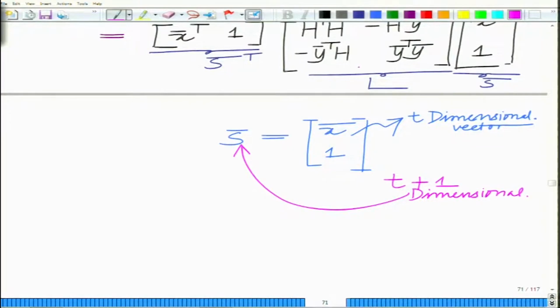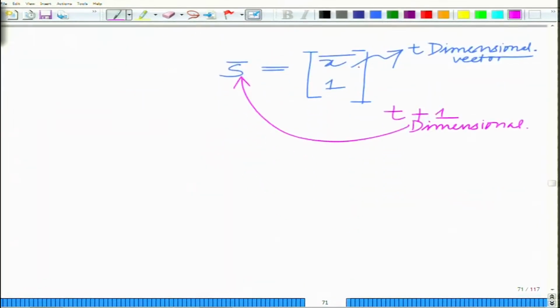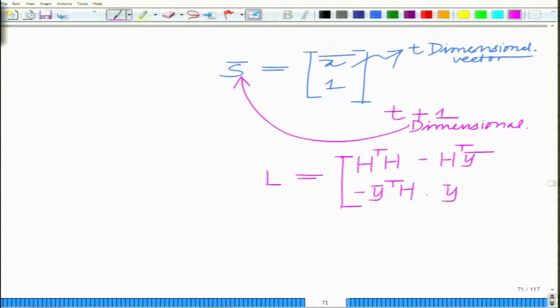And this is a matrix L, which is given as follows: H transpose H, minus H transpose y bar, minus y bar transpose H, and y bar transpose y bar.